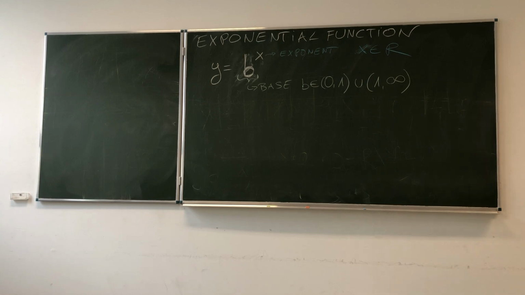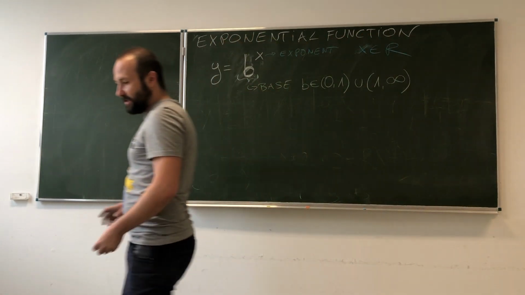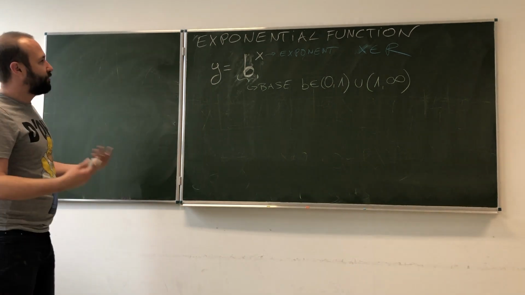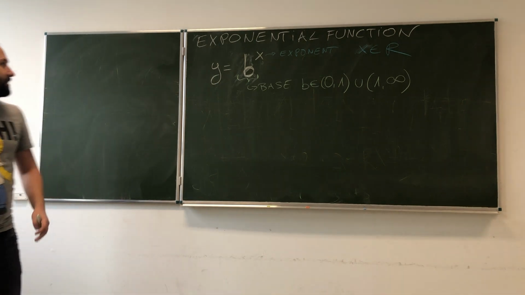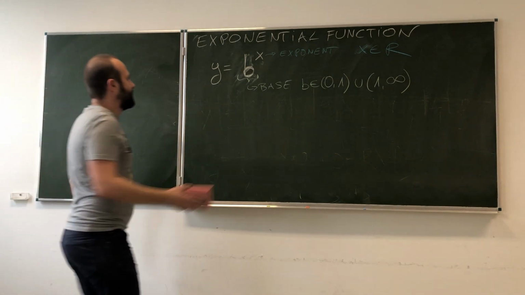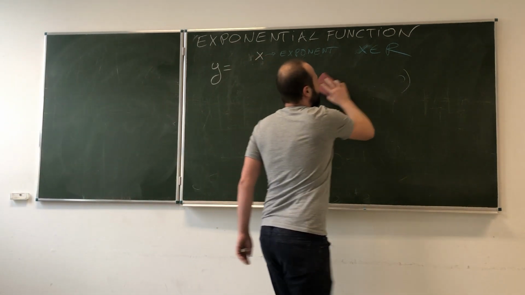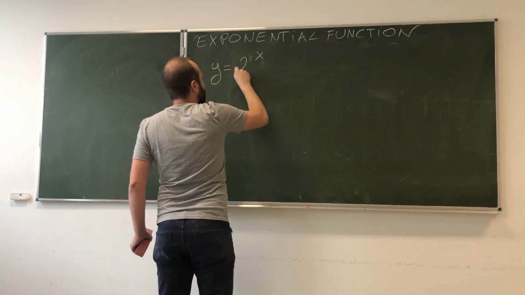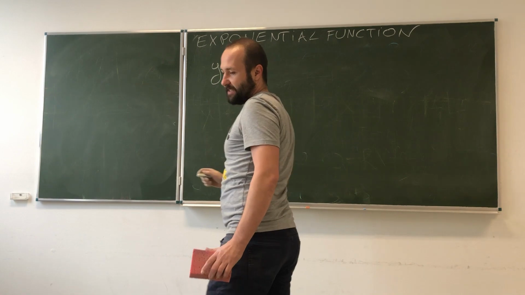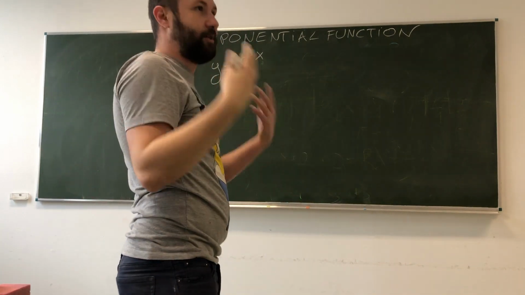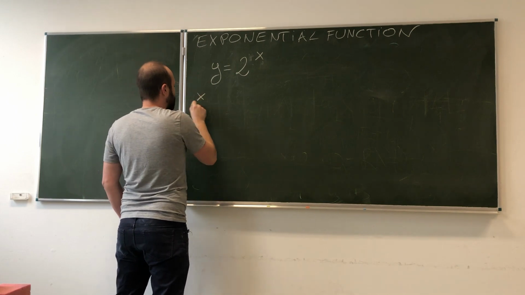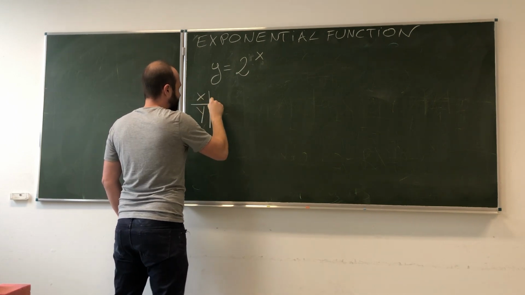Like every time, we're going to start with a simple example to explain how the function works. The example we are going to use is 2 to the power of x. And as usual, we're going to start with a table to understand how this function works.